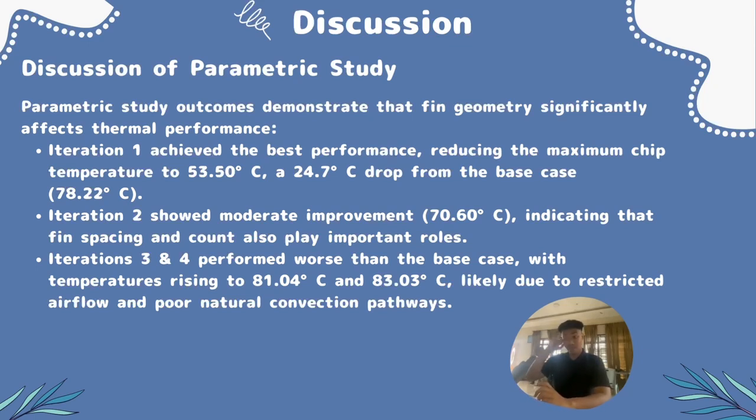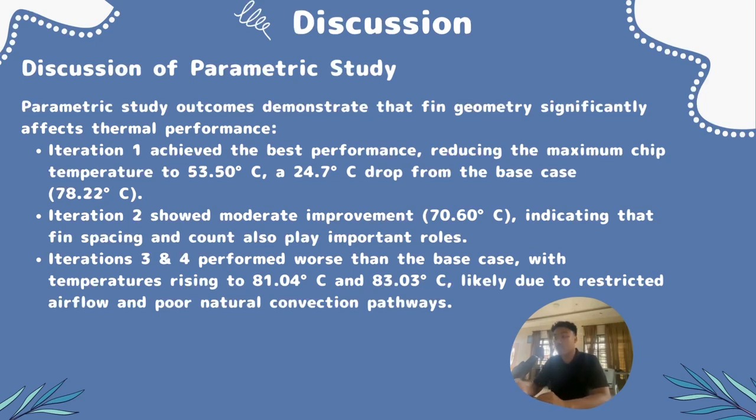First is iteration 1. Iteration 1 achieved the best performance, reducing the maximum chip temperature to 53.5 degrees Celsius, a 24.7 degrees Celsius drop from the base case of 78.22. Iteration 2 shows moderate improvement, at 70.6 degrees Celsius, indicating that fin spacing and count also play important roles.